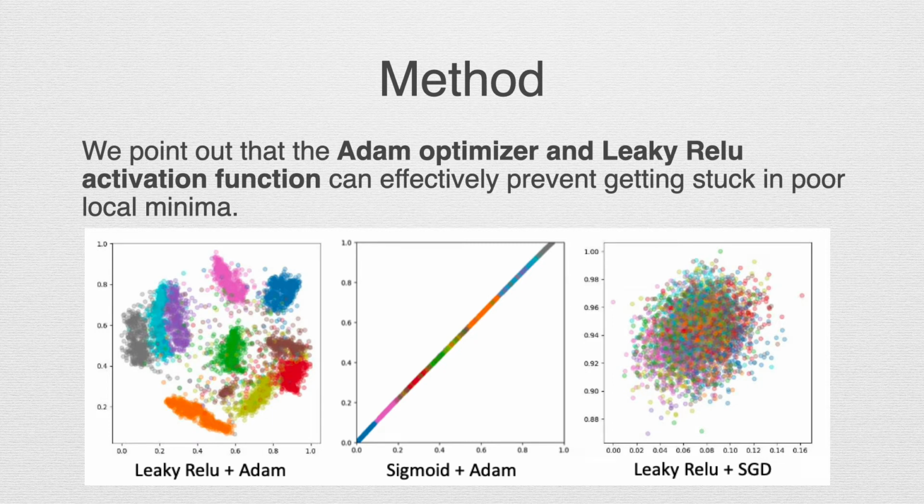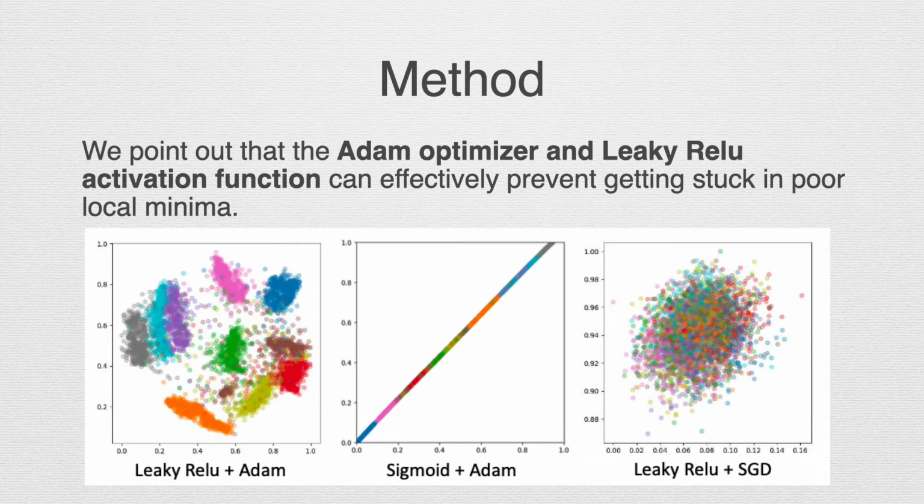However, we found the recent training technique can effectively prevent the training problem, particularly the Adam optimizer and leaky ReLU activation function. This figure shows the results achieved by the different optimizers and activation functions. Specifically, ReLU and leaky ReLU can avoid the vanishing gradient problem that commonly appears in the sigmoid function.